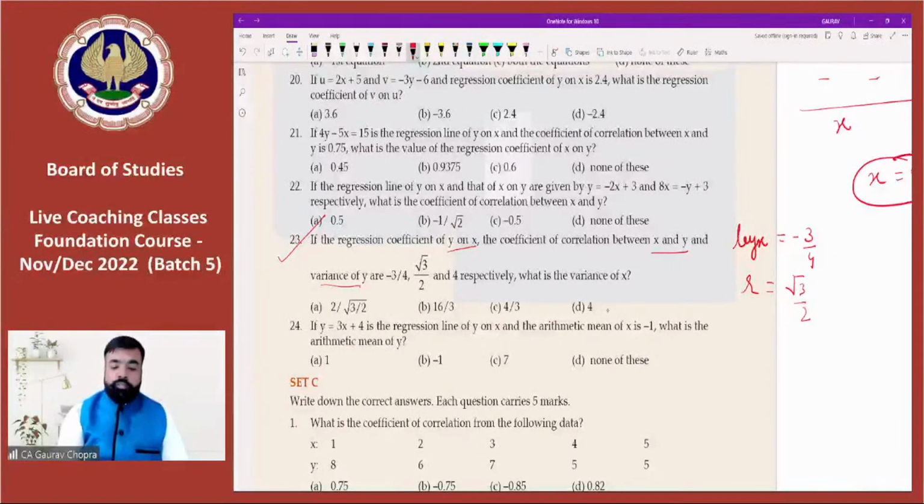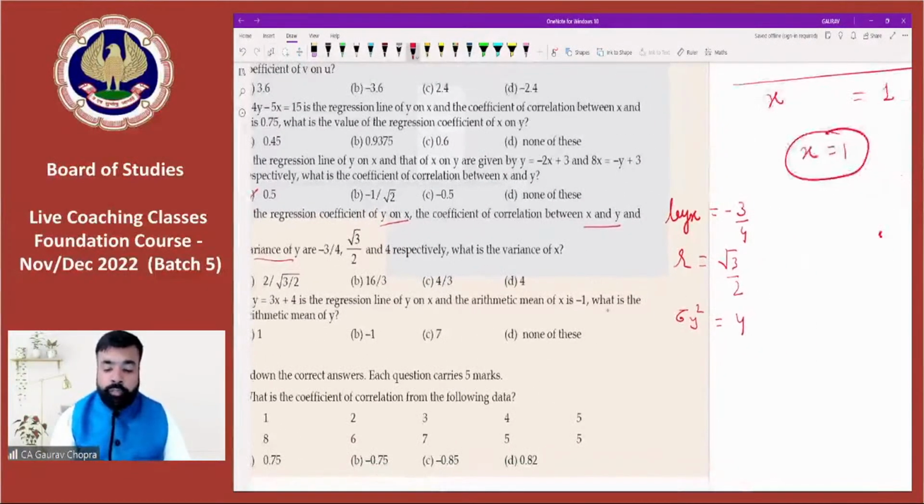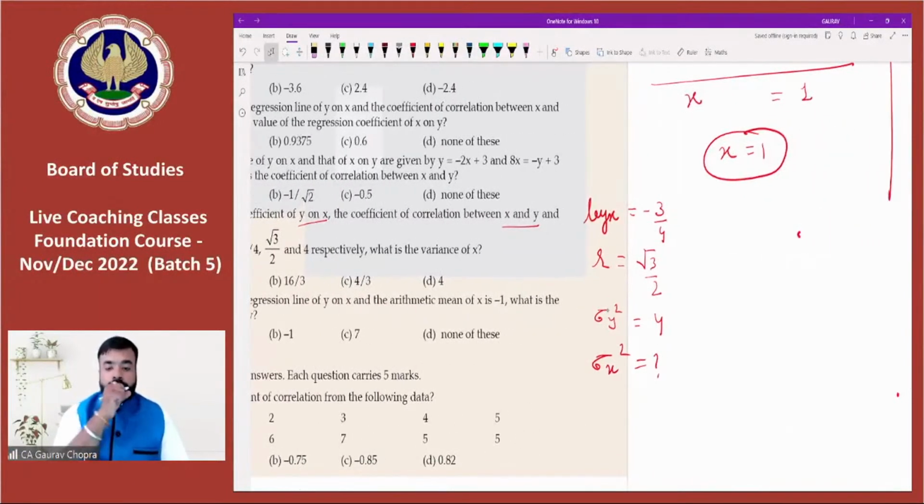And then the variance of y, that is sigma y square, is equal to 4. This is given. Now we have to find the variance of x, sigma x square, we have to calculate.